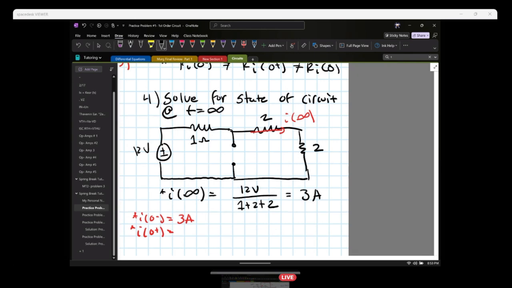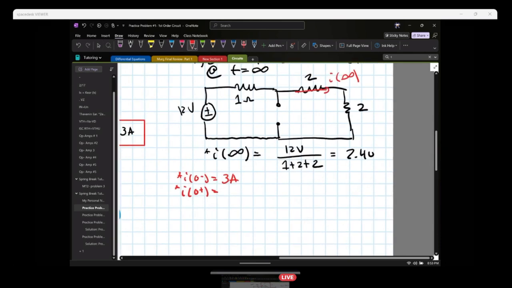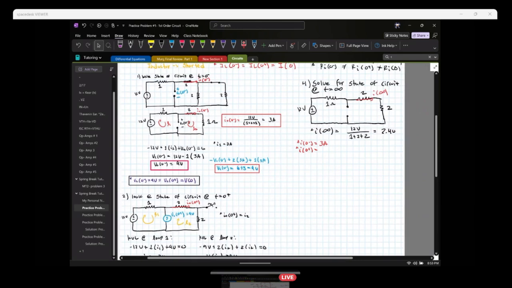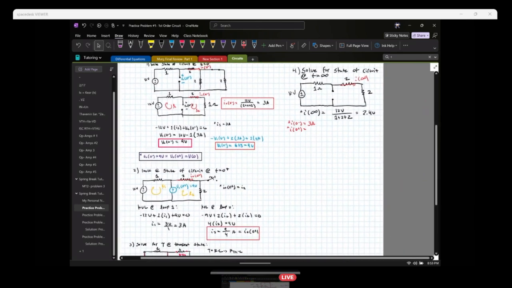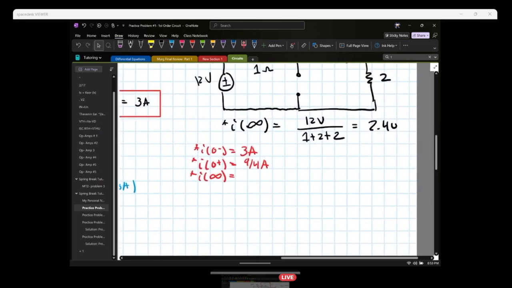This will be 2.4. So I of 0 plus is equal to 9 over 4, and now we have I of infinity, which is equal to 2.40.